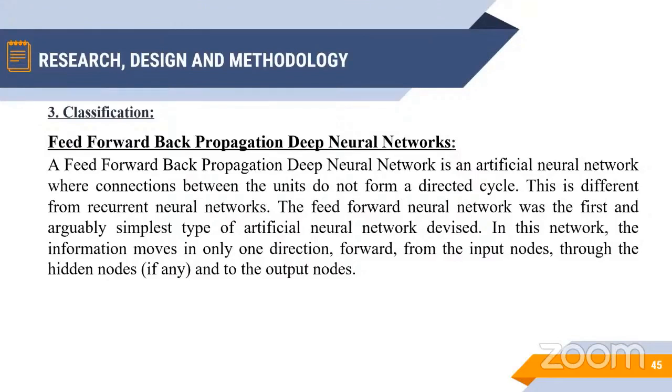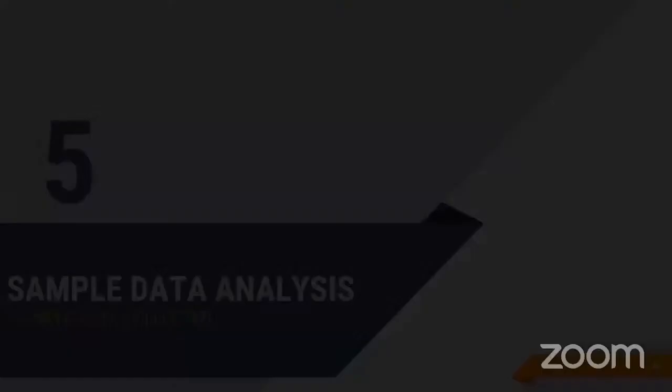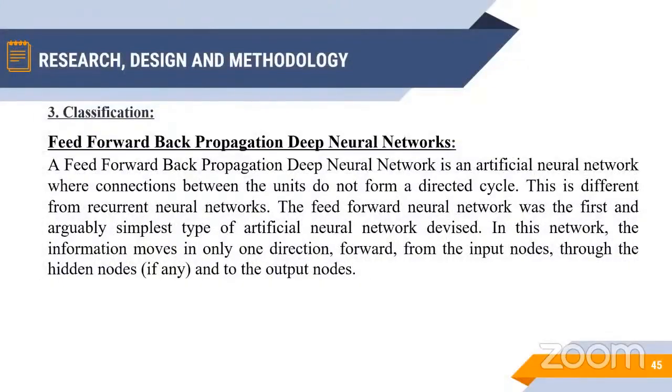In this network, information moves in only one direction, with forward and backward formats, from the input nodes through the hidden nodes to the output nodes. So it goes feed forward, that means input to output nodes.